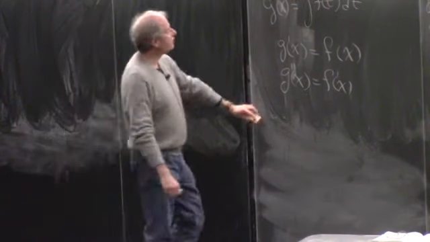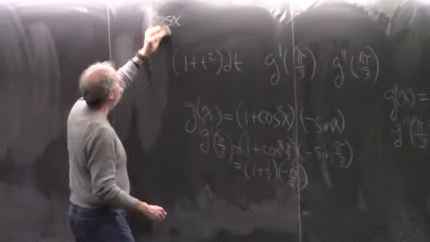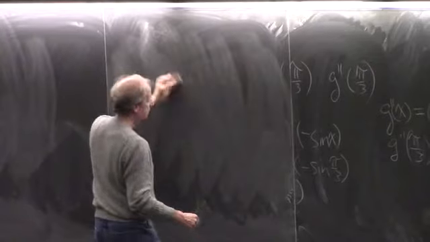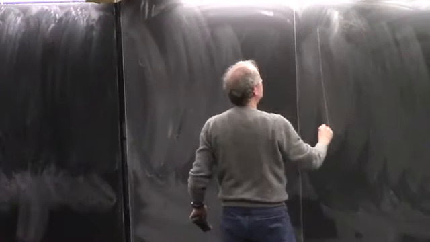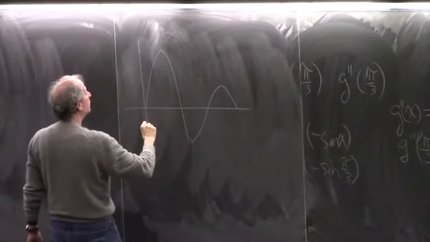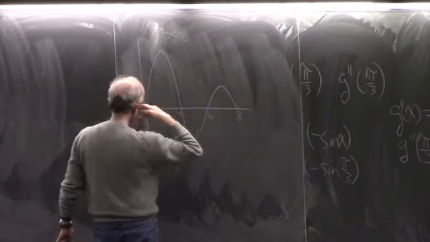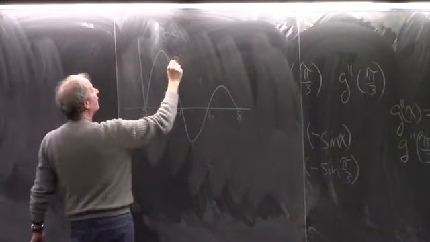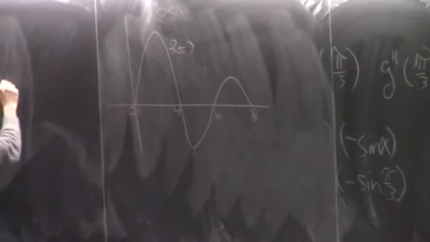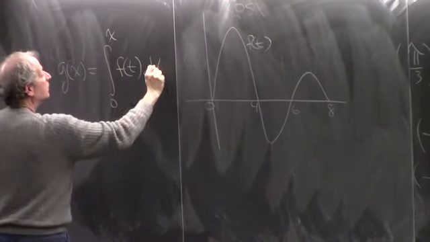Alright, so, another thing you could do with this fundamental theorem stuff, I did some of last time. I tell you this is f of x, f of t, and give you something like that.